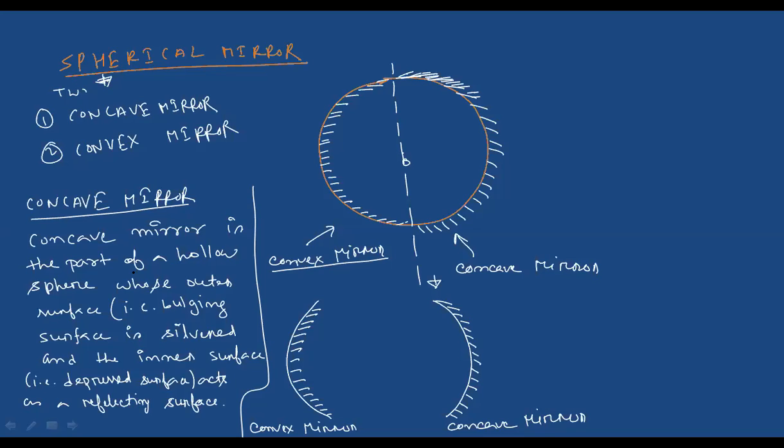Concave mirror is the part of a hollow sphere whose outer surface, this one, that is the bulging surface, is silvered, that means coated with silver color, and the inner surface, that means this one, acts as a reflecting surface.